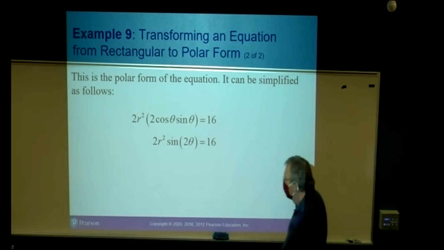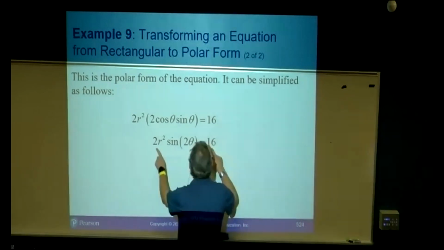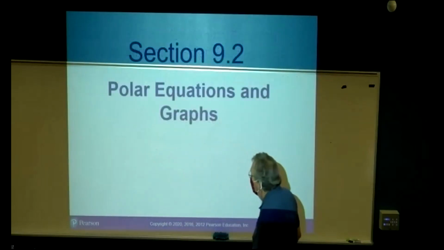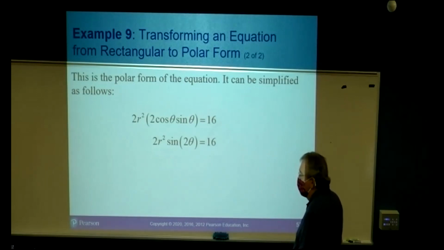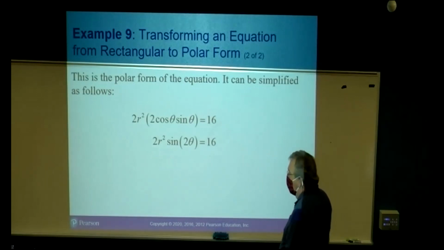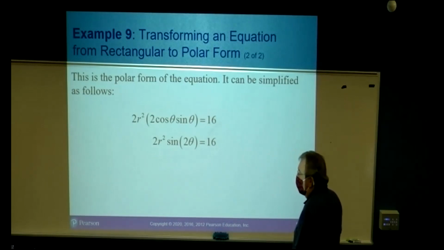And at this point, I would divide through by the 2. I don't think they do that. Yeah, I would divide through by 2 and say r squared sine of 2 theta equals 8.